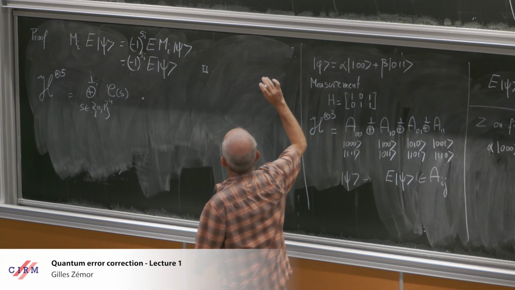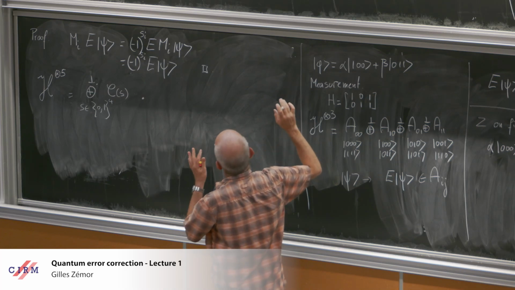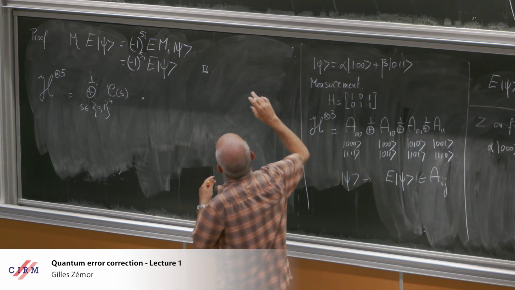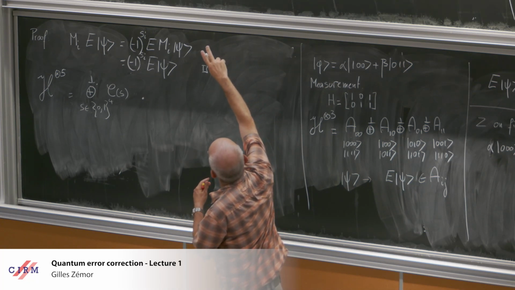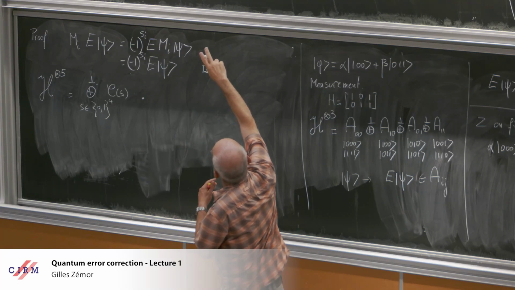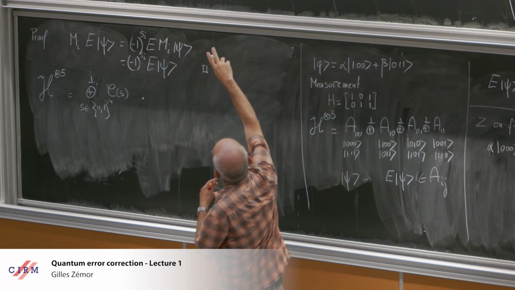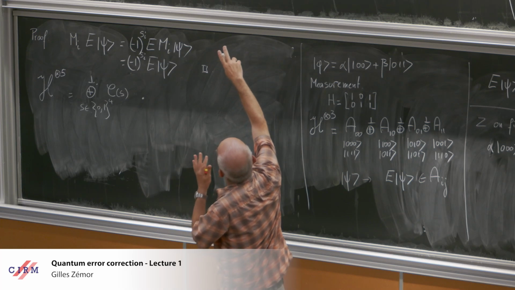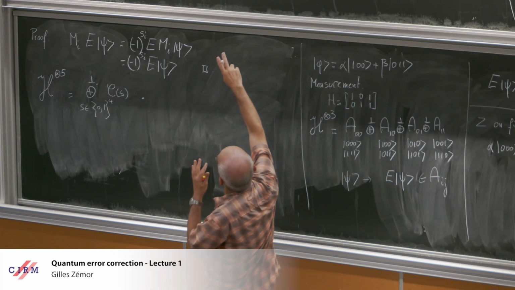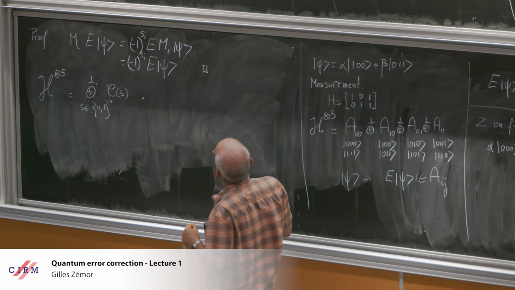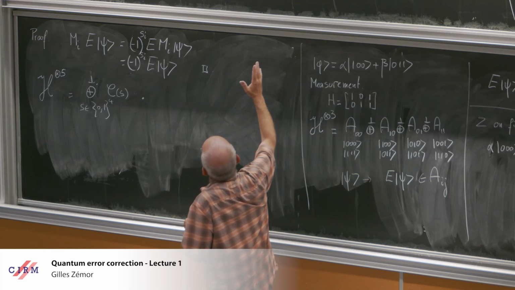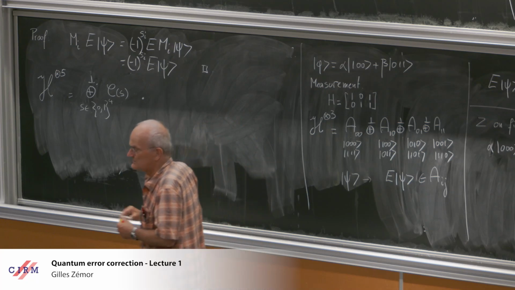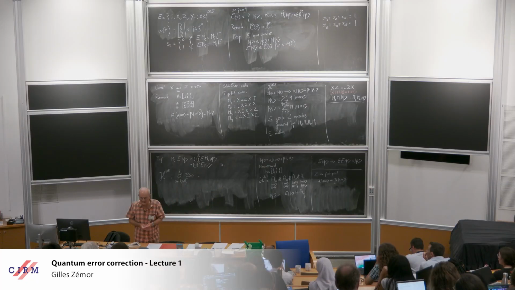There's a one-to-one correspondence between the 16 syndrome values and the 16 possible elements, so 4 to the 4, in the set of error operators E, if we want on every qubit only one operator of the form X, Z, or Y. There's something of a miracle: every syndrome value corresponds to one error of weight 1, just like in the example of the Hamming code that we had before.